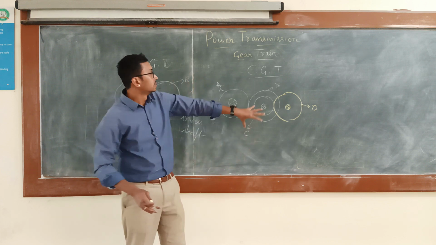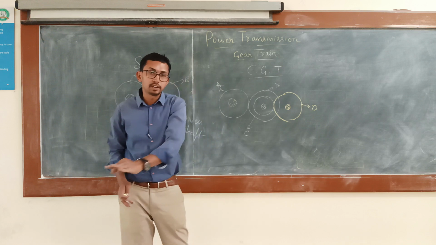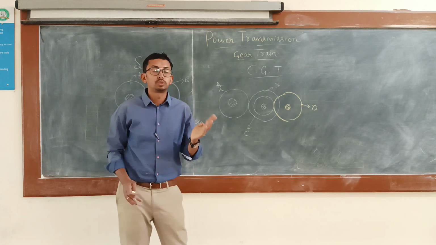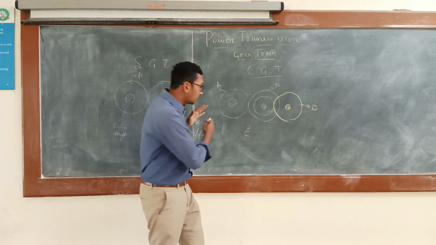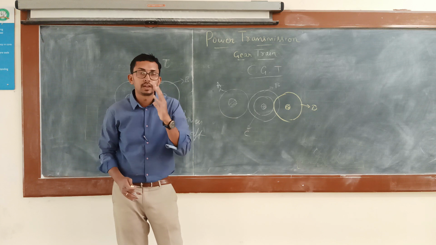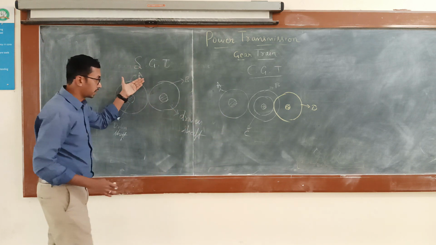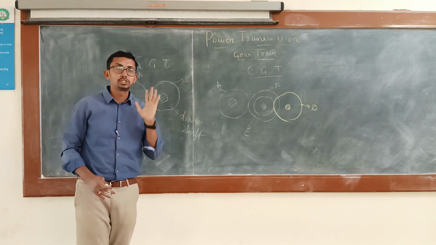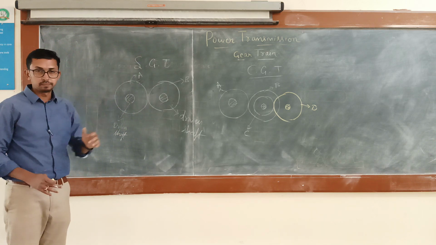So that's why this arrangement is called as what? Compound gear train. When two or more gears are mounted on the same shaft, then that arrangement we are going to say is the compound gear train. Whereas in simple gear train, only one gear will be there on one shaft.